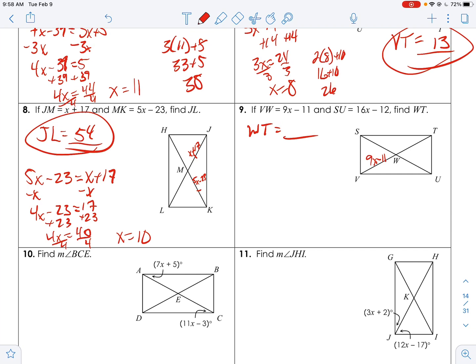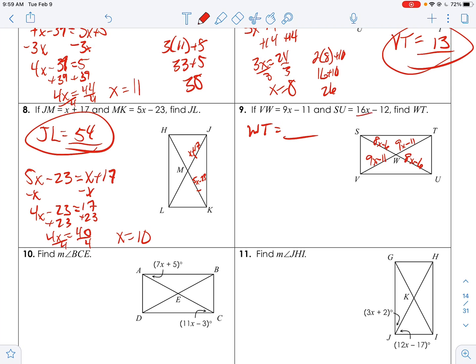Okay, they're saying the whole way. Well, we could say that 9x minus 11, because those are congruent, and so you got 9x minus 11 and 9x minus 11, or 2 times 9x minus 11 equals 16x minus 12. Or you could cut them in half and say that 8x minus 6, 8x minus 6.